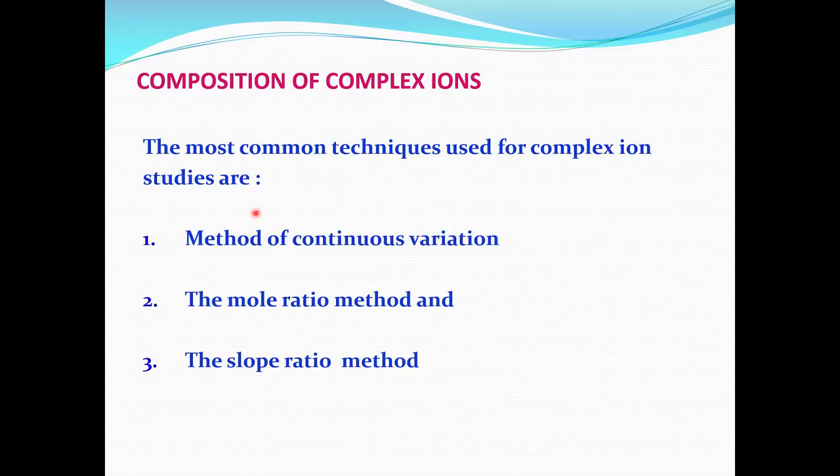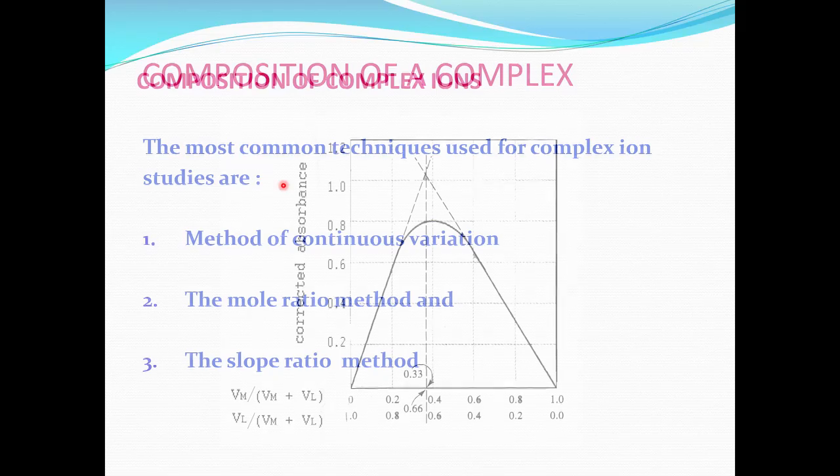Technically they look very intricate, but in actual practice most of these things are quite simple. For example, we can take a look at one of the methods, the method of continuous variation. It is not something new, because you have already seen a curve of that type in the photometric titrations.